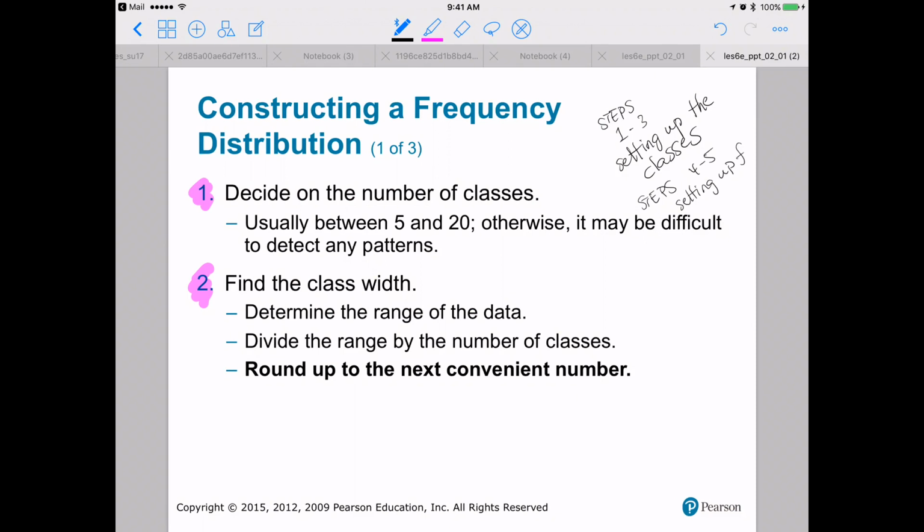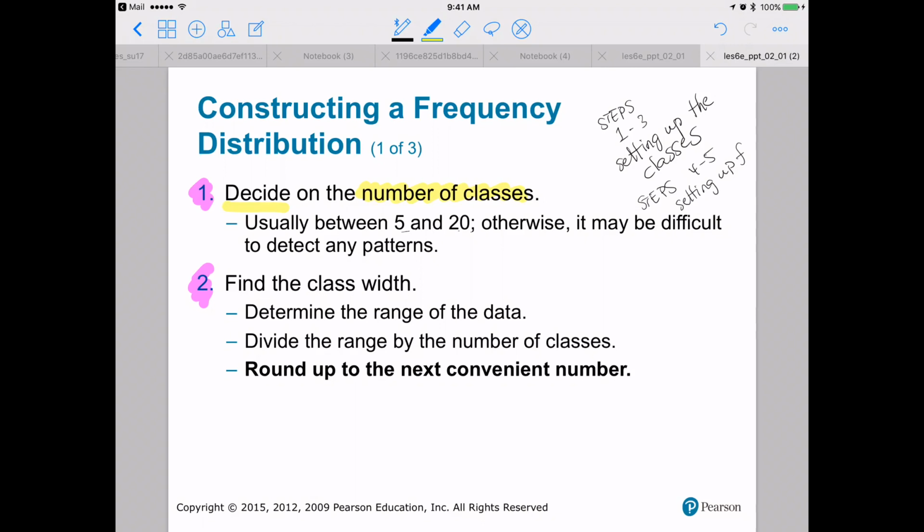Okay. So first you're going to decide on the number of classes, usually between 5 and 20. Pretty much, problems in the textbook, problems on the exam, the number of classes will be stated in the problem, right? So when it says here to decide on the number of classes, really this is more speaking practically in real life, so not so much in the classroom setting.